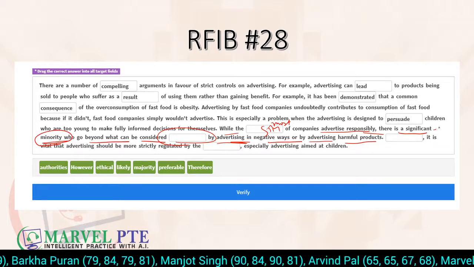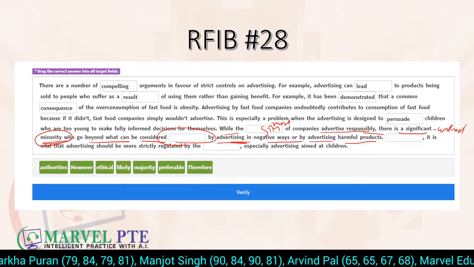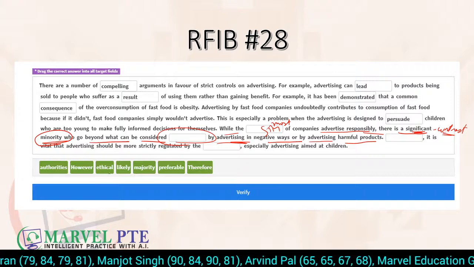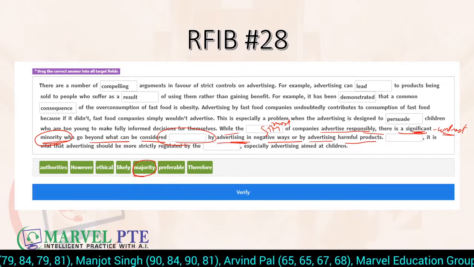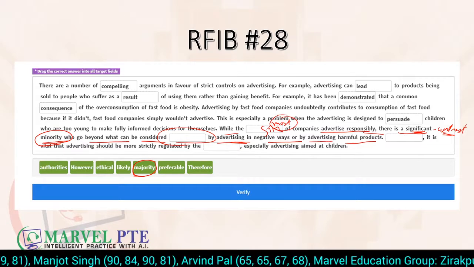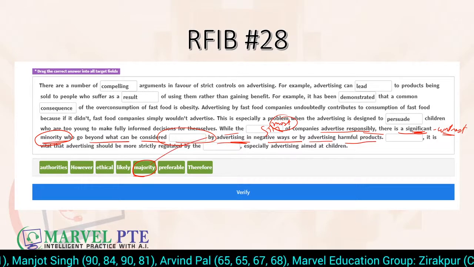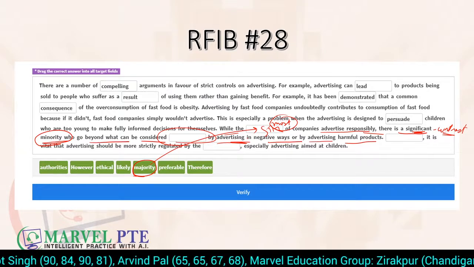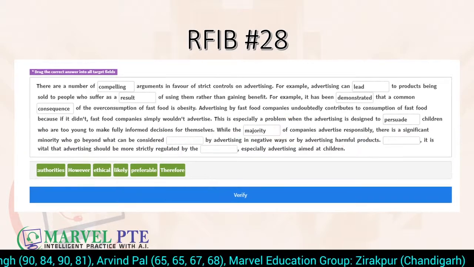So we are talking about a contrast here. So this is a contrasting statement, significant minority. So what is the opposite of minority? We have a word which is majority, okay? And it also makes sense. It is a synonym for your most. While the majority of companies advertise responsibly, there is a significant minority who can go beyond what can be considered.